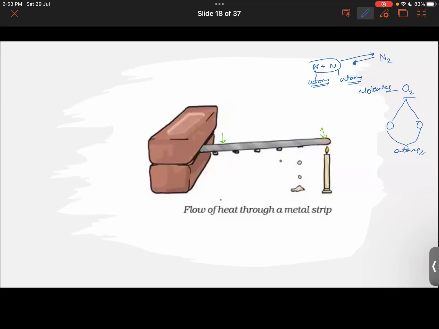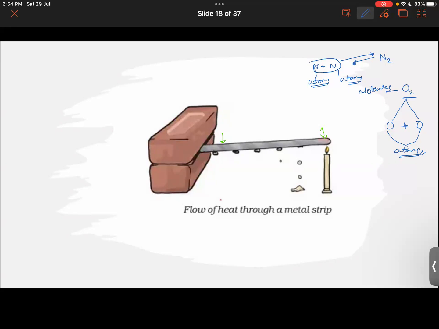Basically, when oxygen atoms join together, it leads to the formation of an oxygen molecule, because atoms cannot exist independently. They will share with another atom, they will have friendship with other atoms, and then exist in the form of molecules. Got this basic thing now?